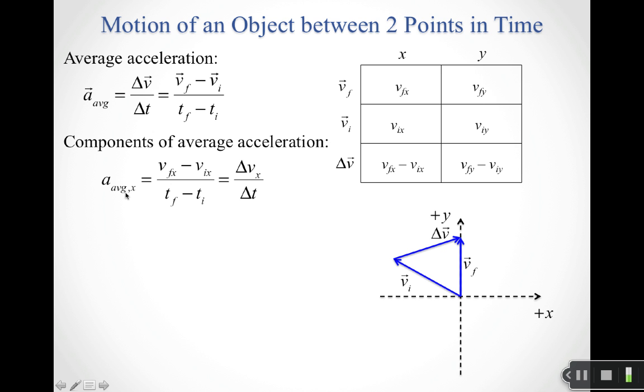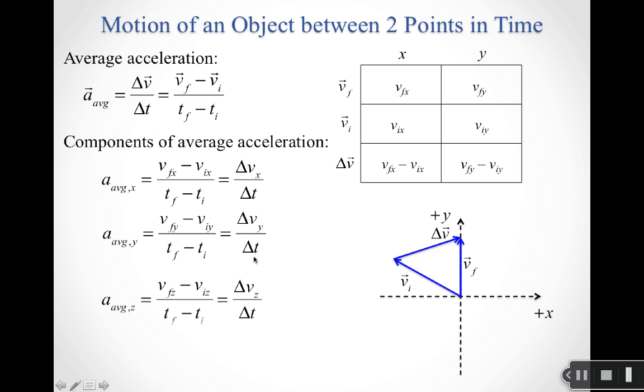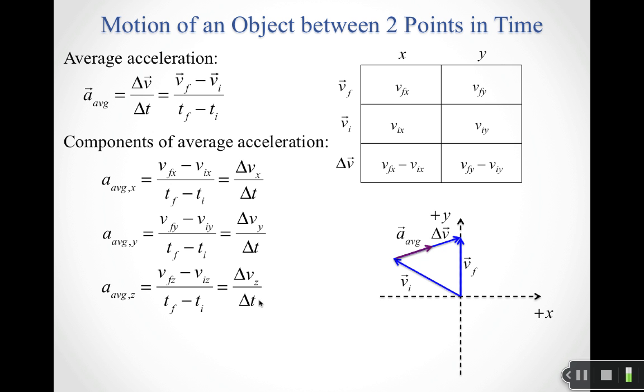If I think about the components of the average acceleration, the x component is just the x component of the change in velocity divided by time. The y component is just the y component of the change in velocity divided by time. And if you want to deal with z, it's the same thing: the z component of the average acceleration is just the z component of the change in velocity divided by time.